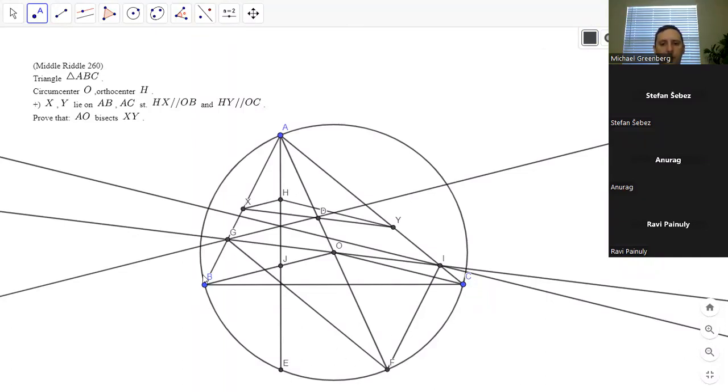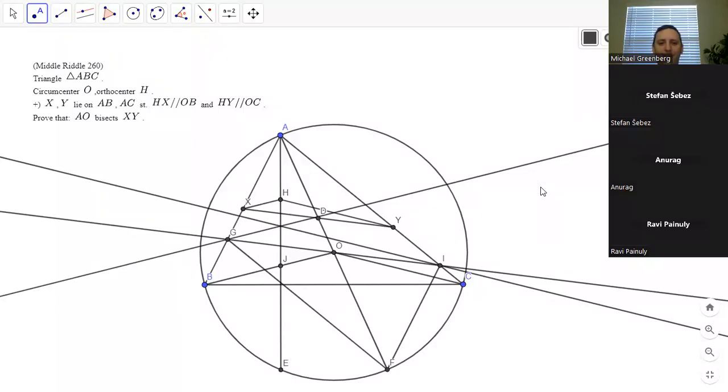Also, triangles FBG and FIC are pseudo-similar. These angles are the same, and these angles are 180 minus. So that might help. I have ideas.